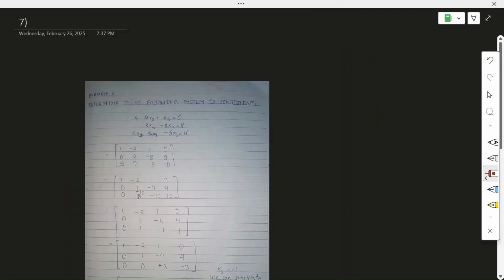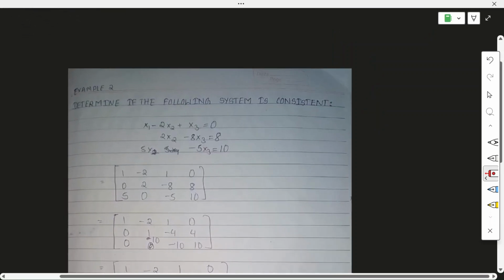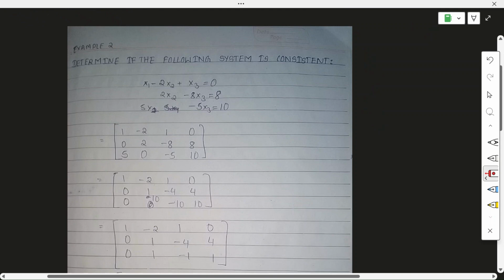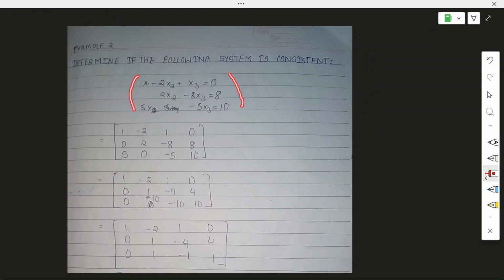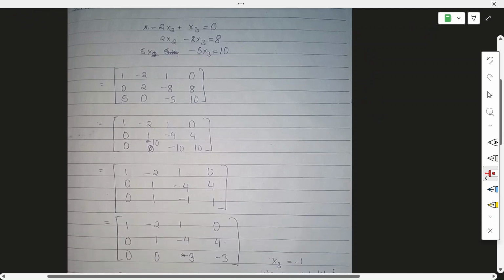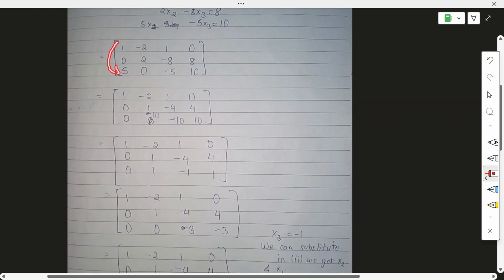Now on 7, how to determine if the following system is consistent. We took the system x1 minus 2x2 plus x3 equals 0, 2x2 minus 8x3 equals 8, 5x1 minus 5x3 equals 10. Then we write them in matrix notation. Then we solve them, first by adding minus 5 times row 1.